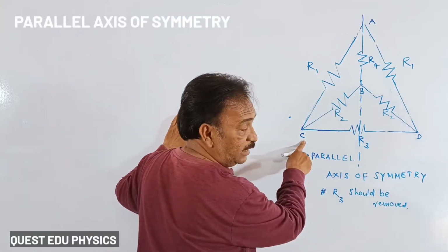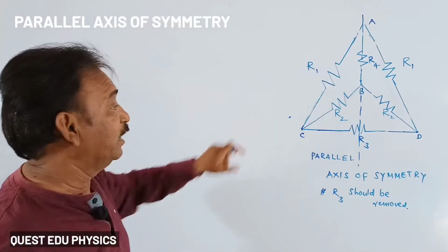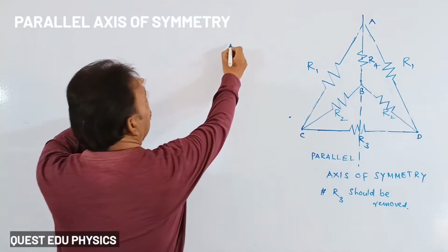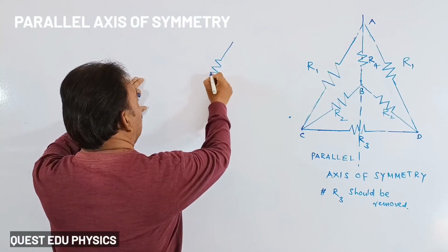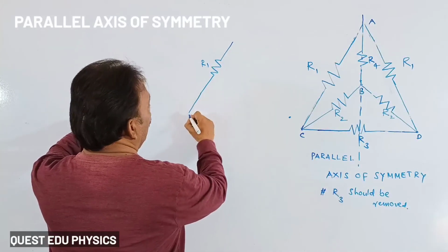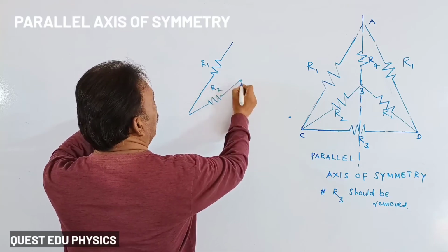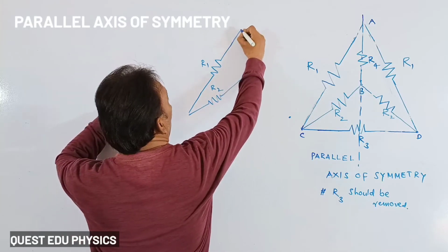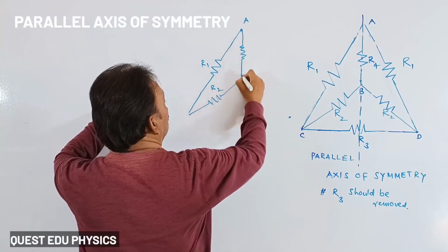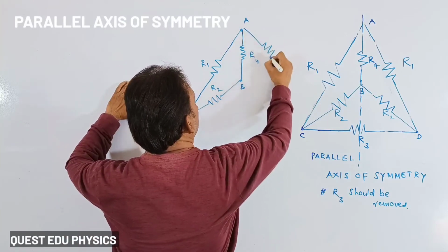Okay, students. The potential at C is the same as the potential at D. I am redrawing this circuit again. I am removing this R3. Then what do I get? Here is the same resistor R1, and it is the resistor R2 at the point B, and here we have the point A. In between we have a resistor R4, and we got one more resistor here.